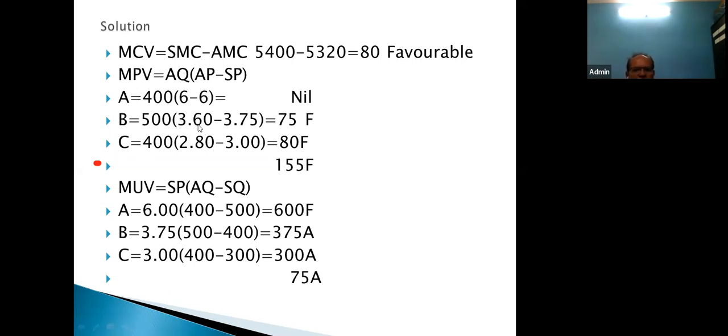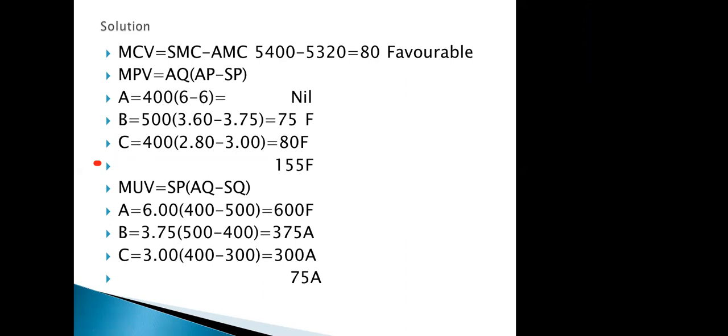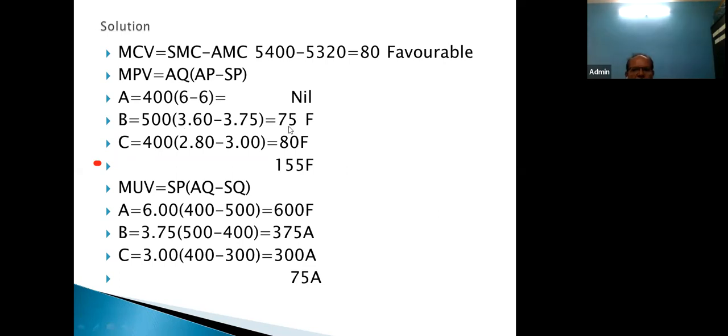It is in the bracket, so whenever something is out of the bracket, it should be multiplied. So 0.15 multiplied by 500 comes to 75. And this 75 we have to indicate as F. F stands for favorable.